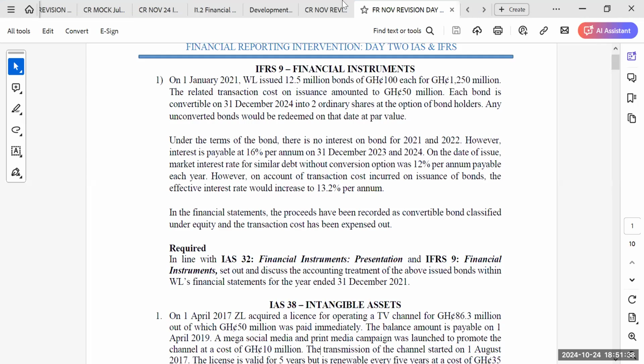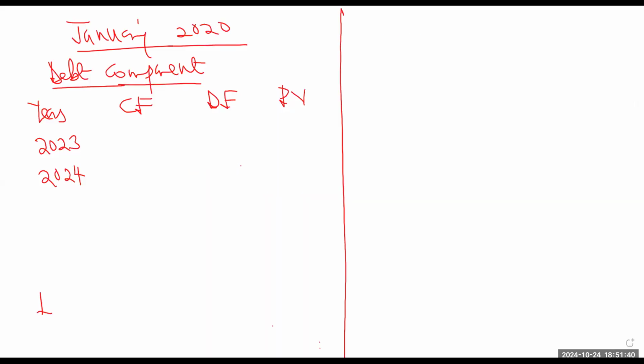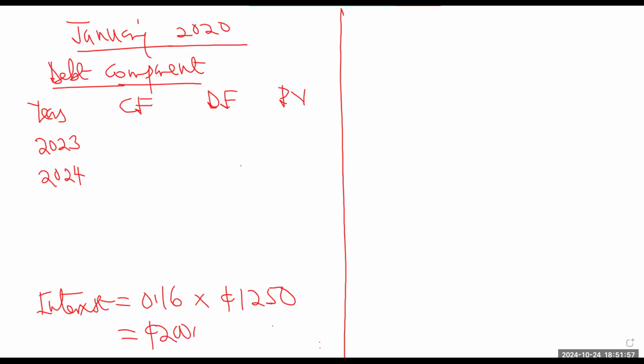200. Okay, so the interest will be the nominal interest of 16% multiplied by the nominal value, which is the value of the coupon or the face value. That will give us 200 million. So we start paying 200 million from 2023.